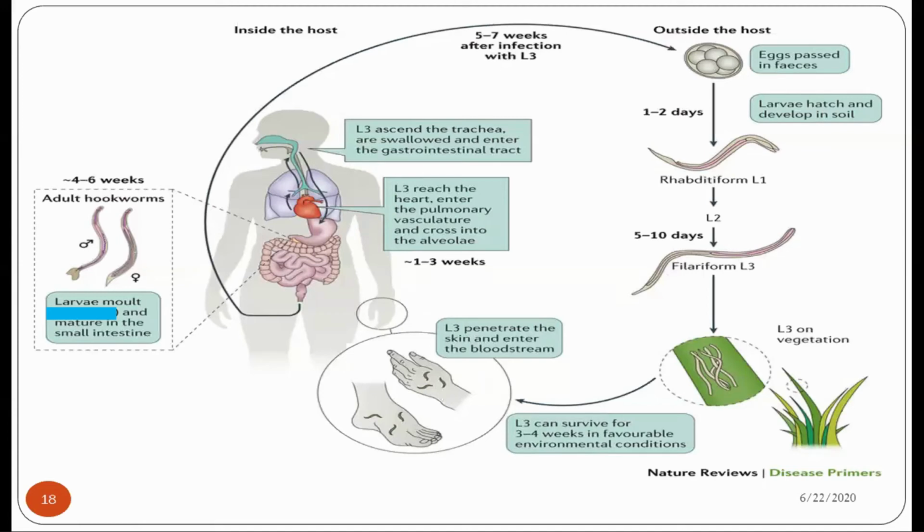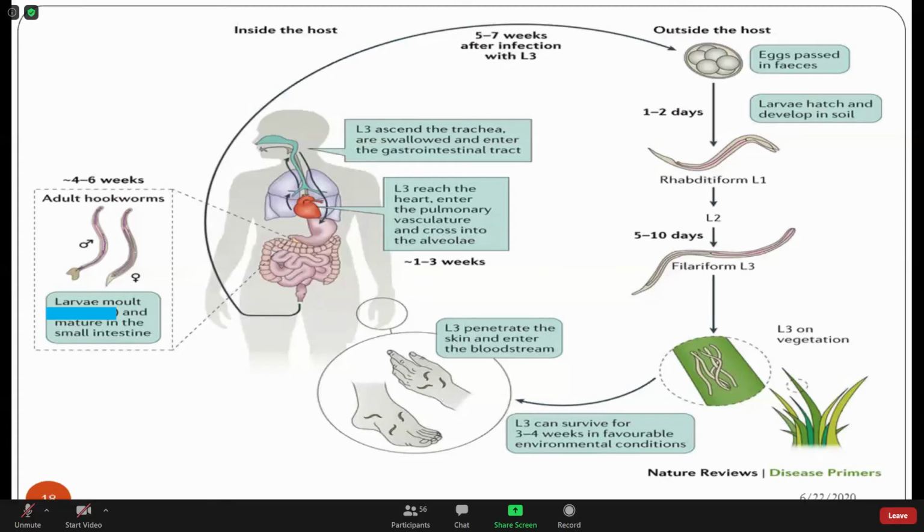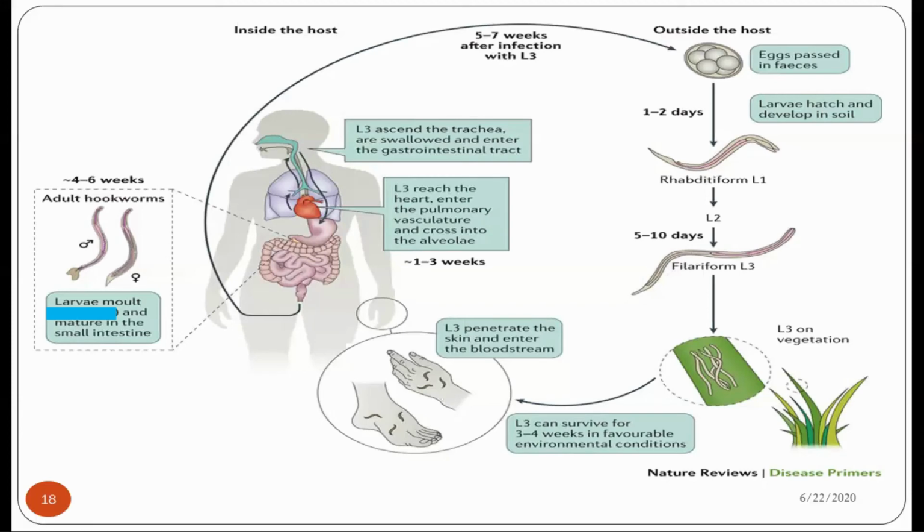In the soil or external environment, where the temperature is about 22 degrees centigrade, the ova of hookworms germinate, and it takes about 48 hours for the embryonation of the egg.